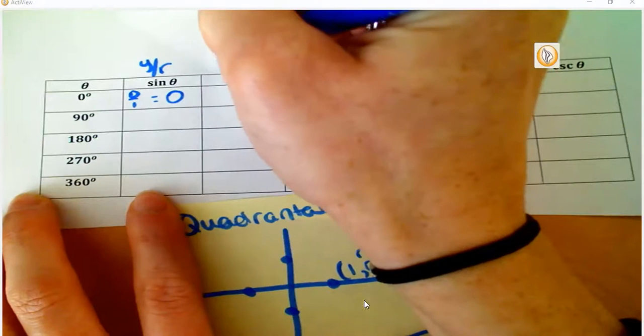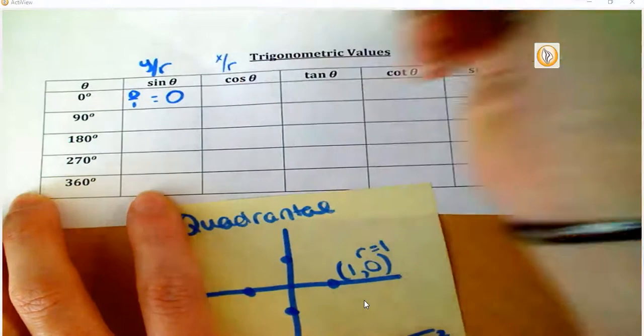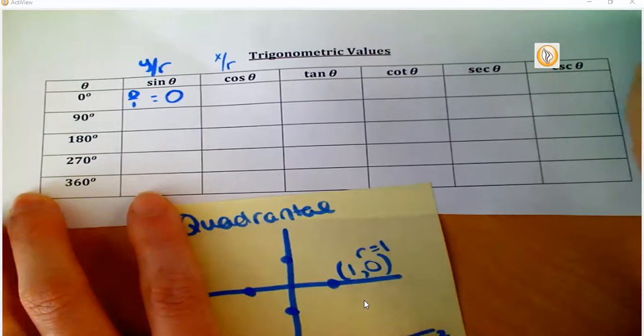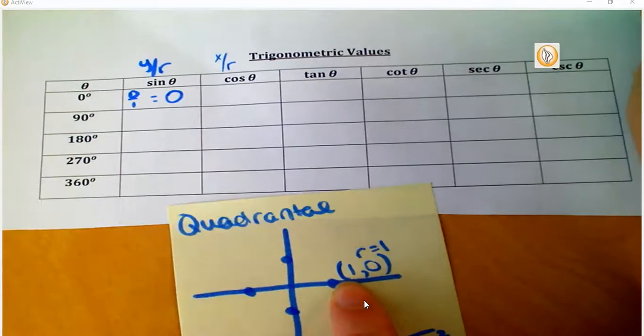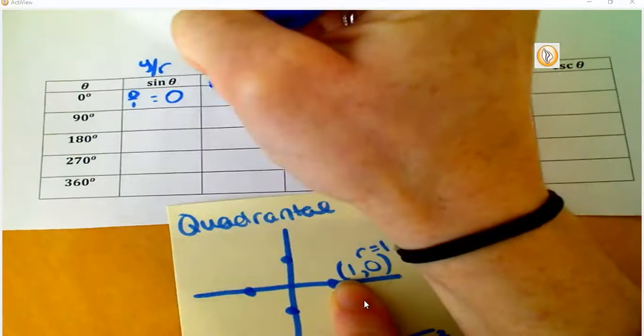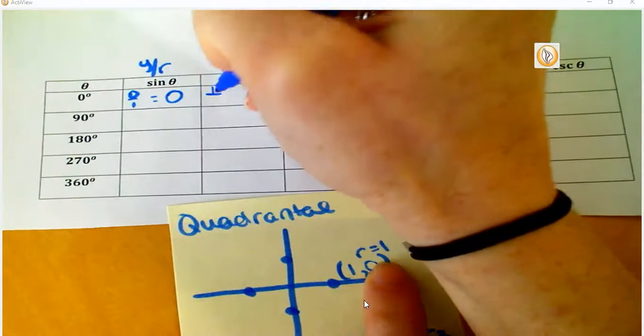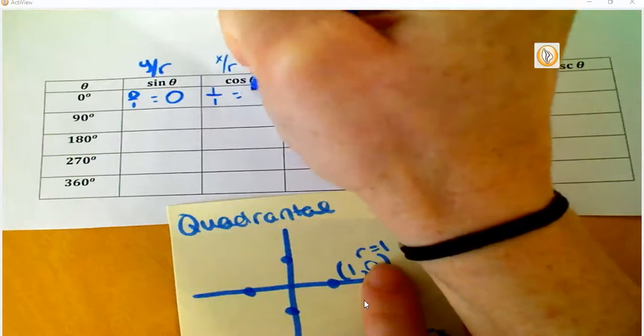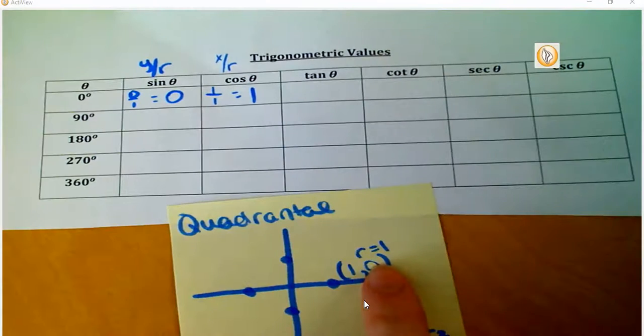Cosine. Cosine is x divided by r. So at 0 degrees, my x is 1, my r is 1, and 1 divided by 1 is 1. So cosine of 0 degrees is 1.